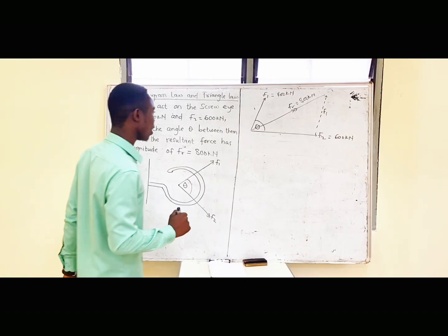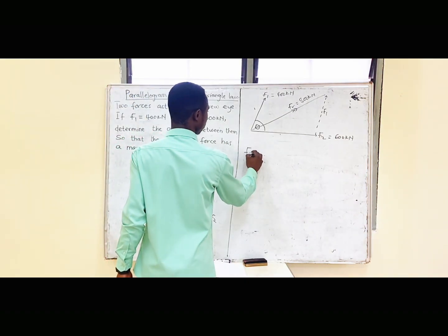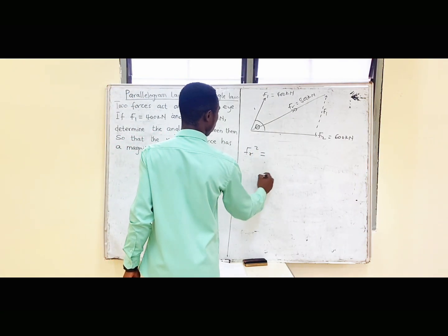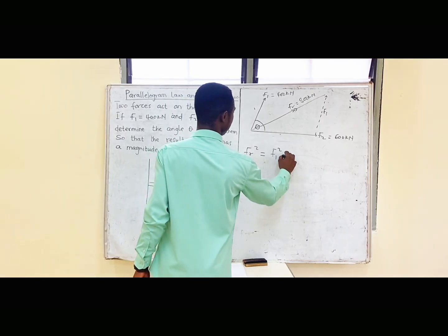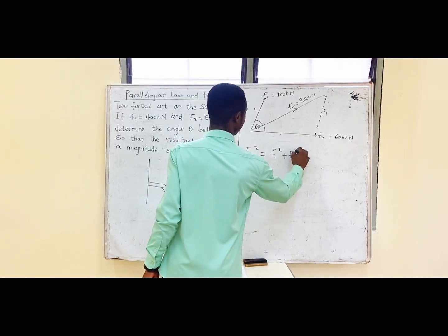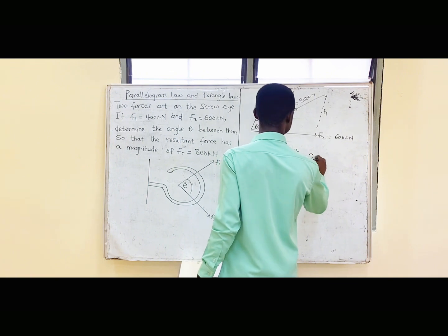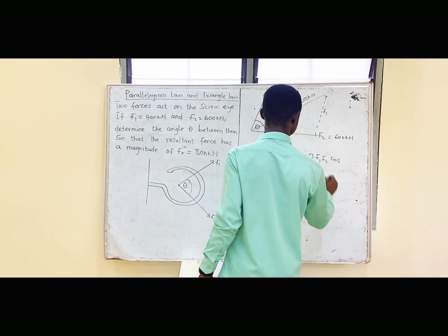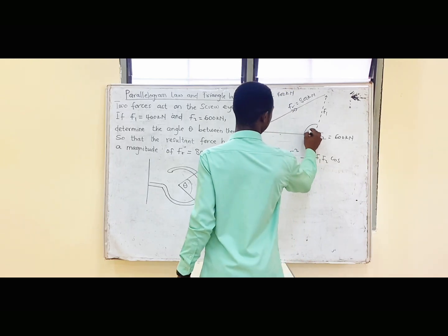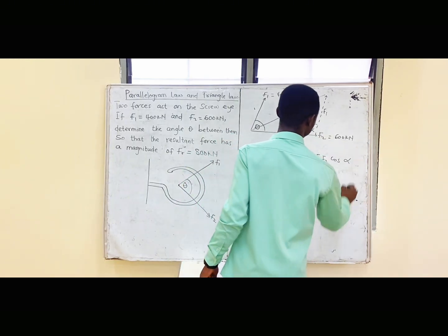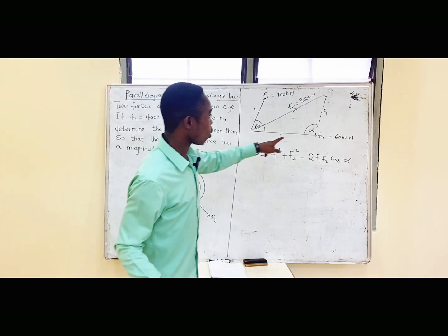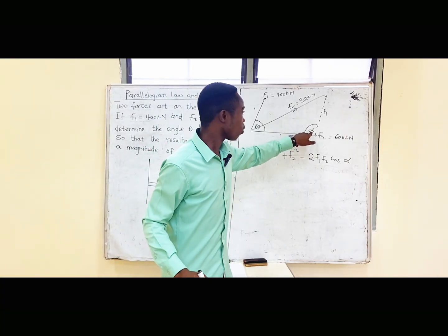The cosine rule says that the resultant squared is equal to F1 squared plus F2 squared minus 2F1 F2 cos alpha.